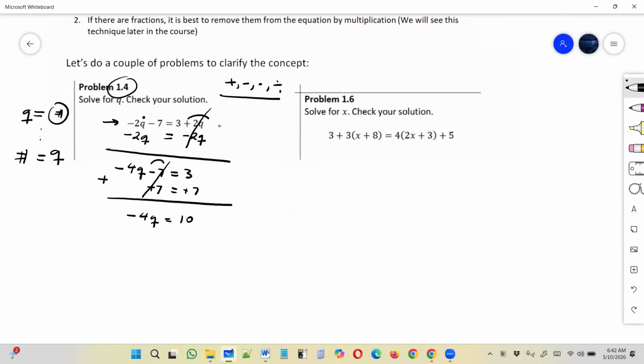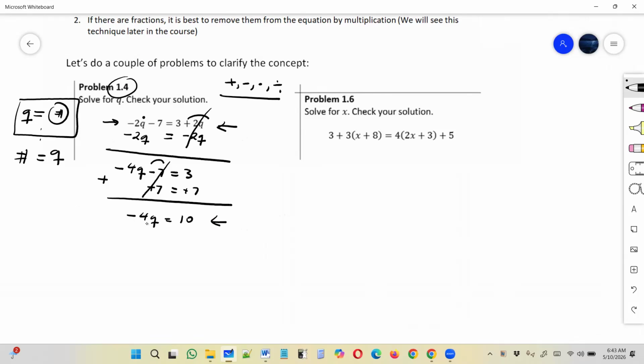So notice that I started with this very complicated equation, and now I have a much simpler one. It's still the same equation, but now this is way closer to a solution. All I have to do is have the equation look like this: q equals a number.